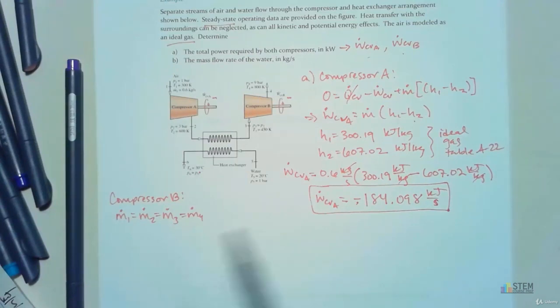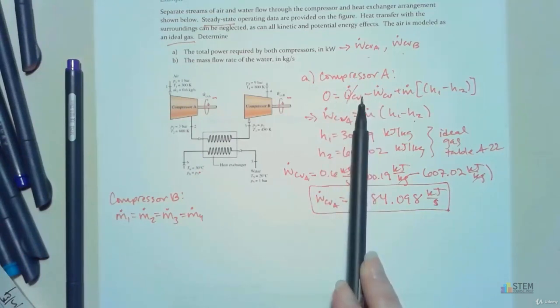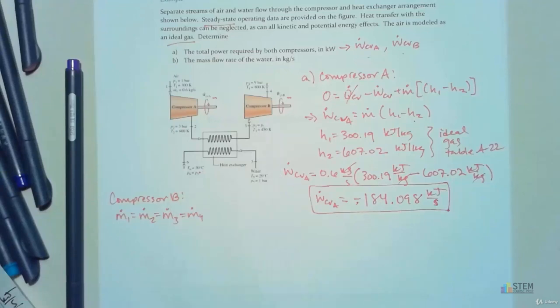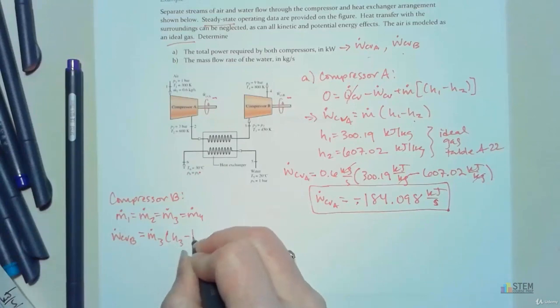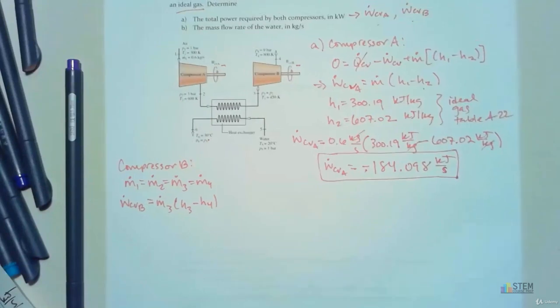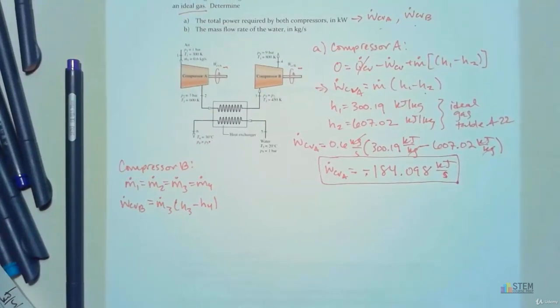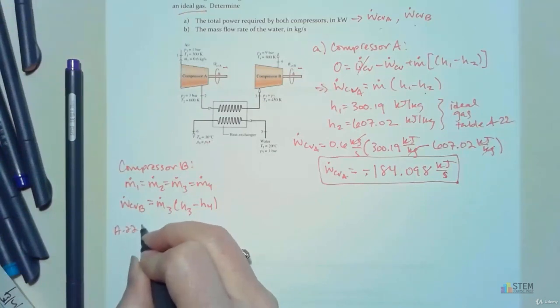Now if we look at our equation for compressor B, we're going to have something similar to this. We'll just have the subscripts for compressor B. So we'll have W dot CV B equals M3 dot times H3 minus H4. Again, we have an ideal gas, so you're going to look in the ideal gas table and pull out values for H3 and H4. We have temperatures at both of those locations given. This again will come from table A22.